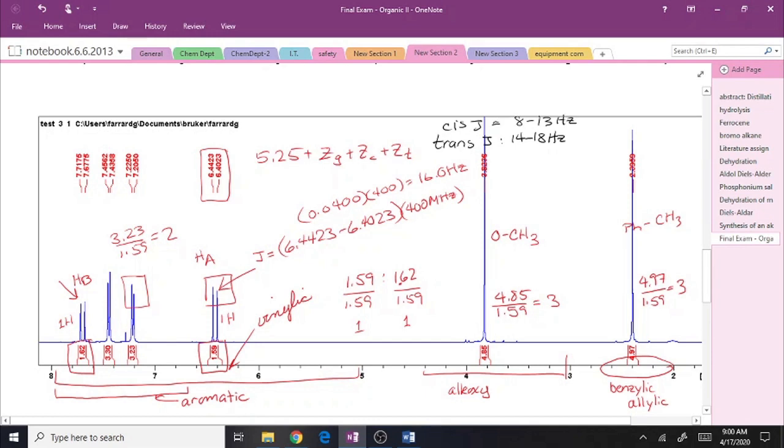And so you should be able to calculate a coupling constant and use that to determine whether you're looking at a cis vinylic hydrogen or a trans geometry. And you should be able to get the same identification of cis-trans if you look at calculated values for the cis versus the trans and see which ones best match the peaks you're looking at.